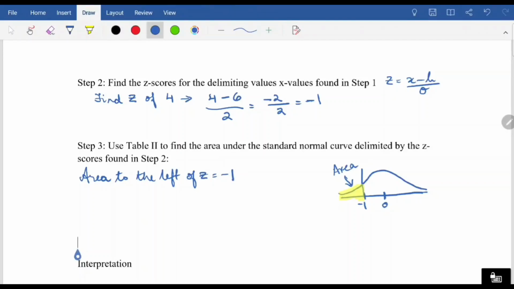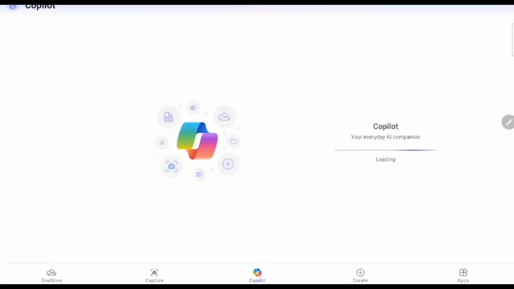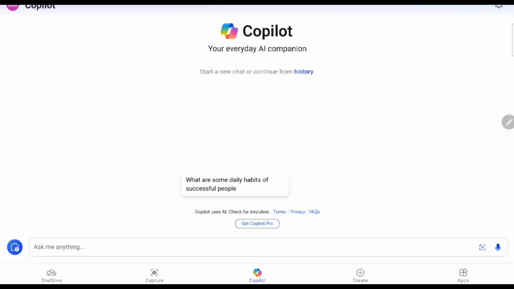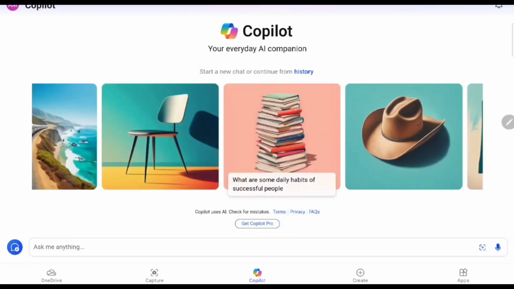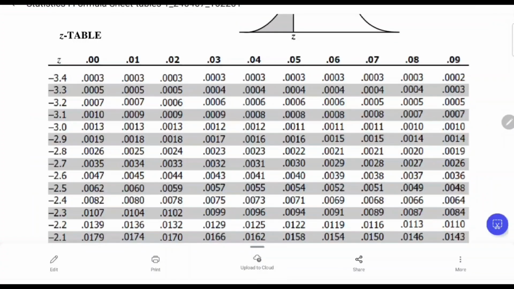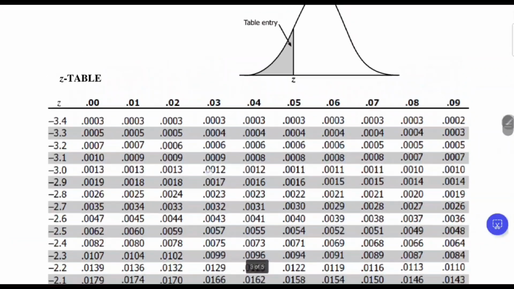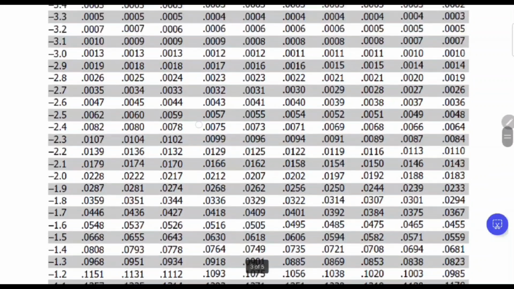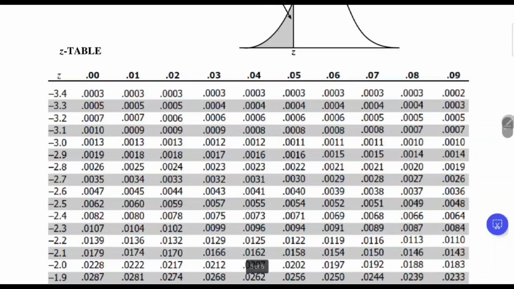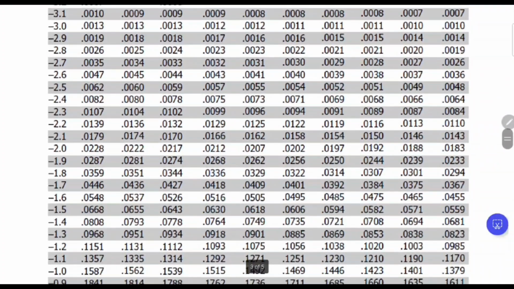We are going to go to our table now. So here's our table. We are looking for the area corresponding to a z value of -1. So we have to look up the negative section of the table, the section that has all negative values for z. And here it is.